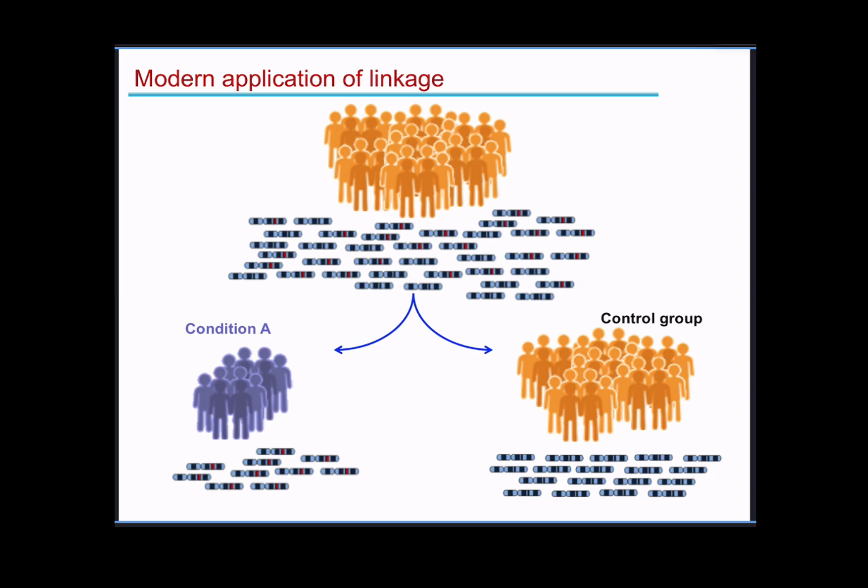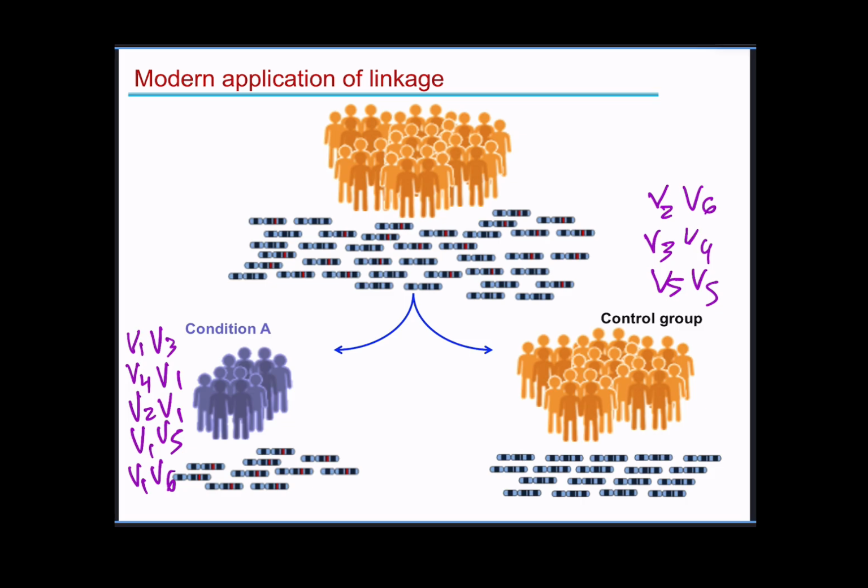But you can take all of these people with that condition and go specifically look at those markers. And it turns out, I'm oversimplifying, if you look at enough of the markers, you may land on one for which this group of affected individuals here are V1, V3, V4, V1, V2, V1, V1, V5, V1, V6. And these here are V2, V6, V3, V4, V5, homozygous, and so forth.